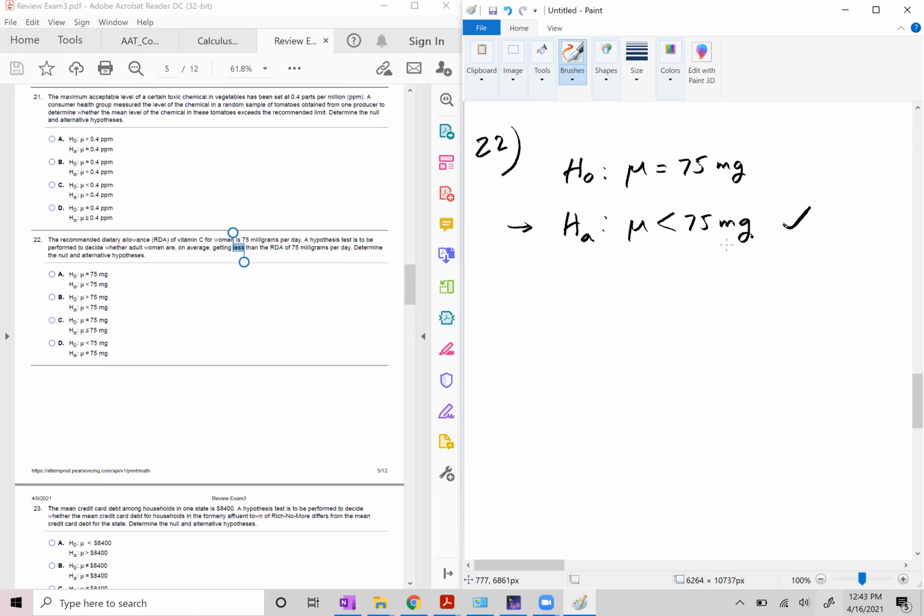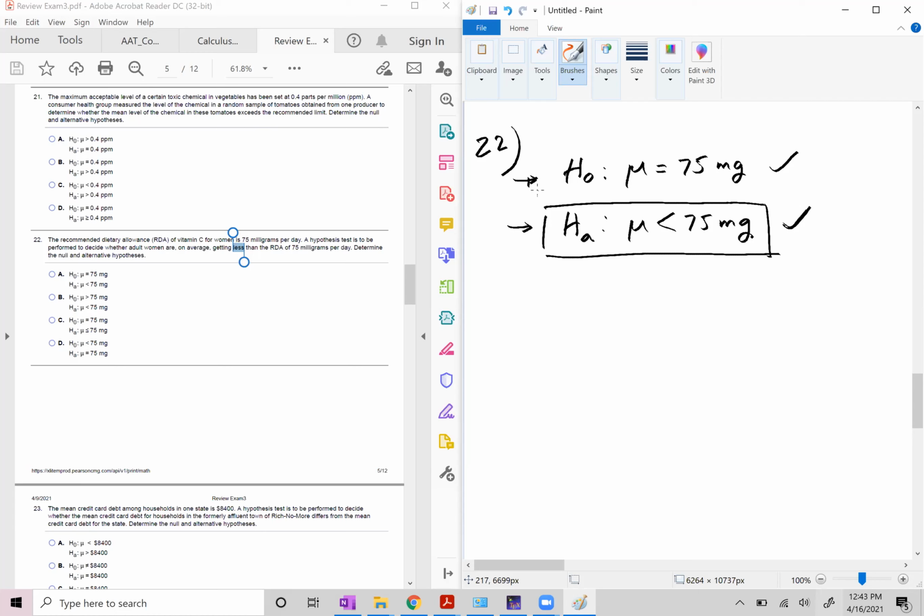So this always contains the new news. The alternative is the one the scientist or the researcher is interested in. We haven't done this part yet, but you can see that out of these two hypotheses, one should be correct and one should be wrong.